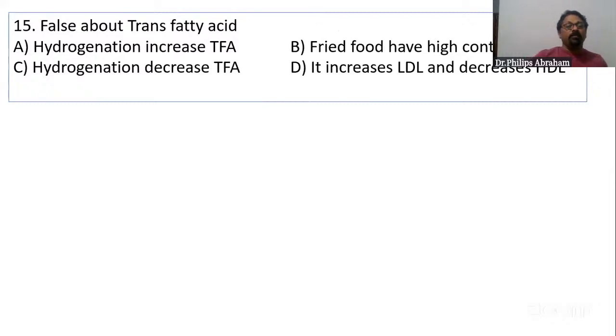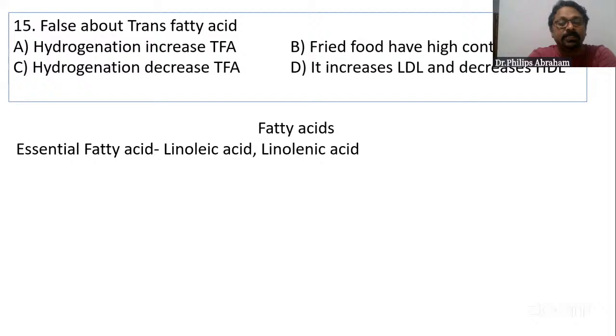Which thing is false about trans fatty acid? First of all, what is a fatty acid? Fatty acid means a carboxylic acid, an aliphatic compound containing a carboxyl group. We will say some major divisions. Essential fatty acids are mainly linoleic and linolenic acid.